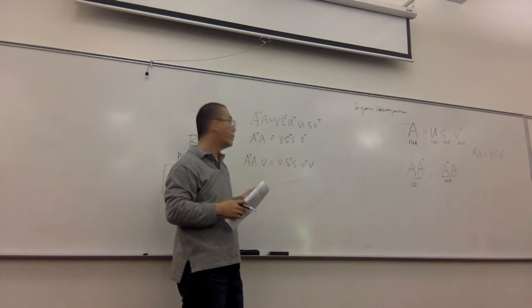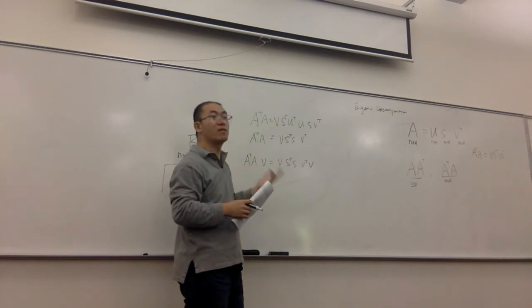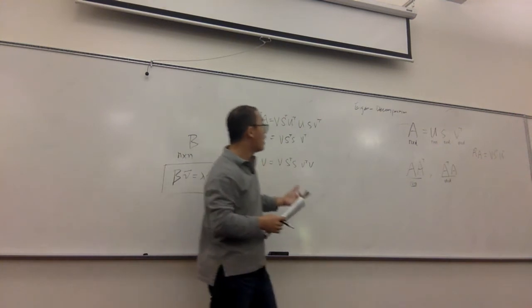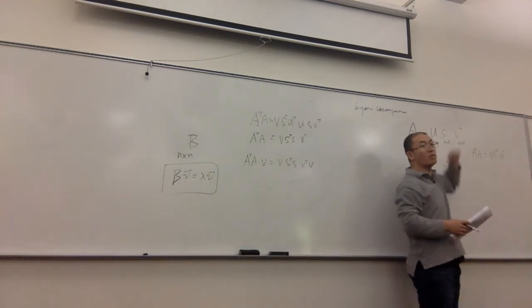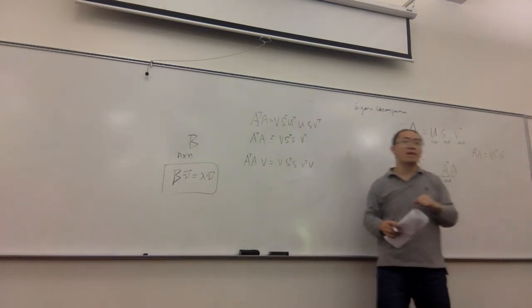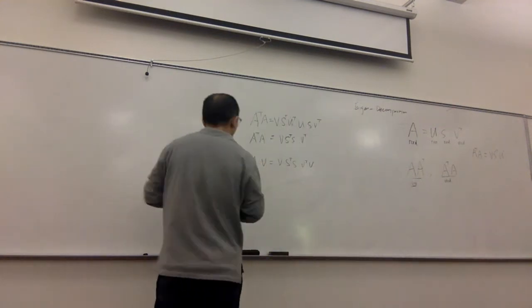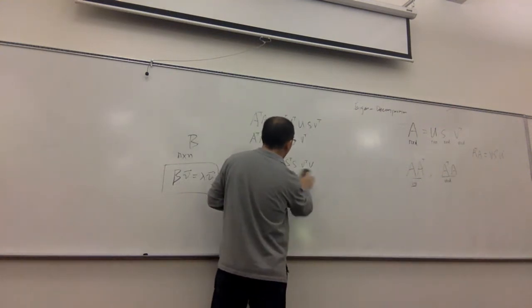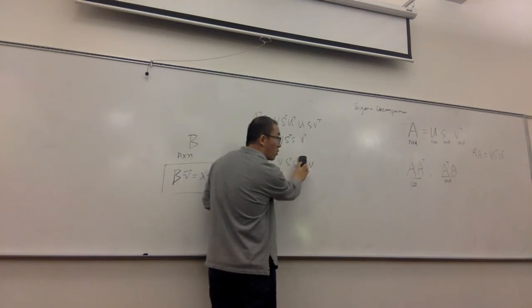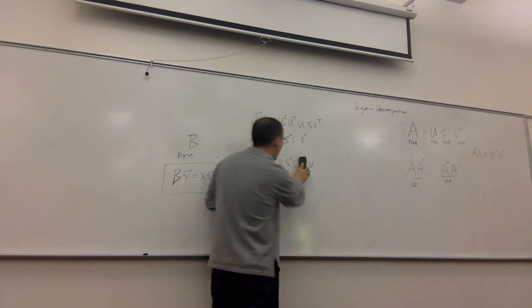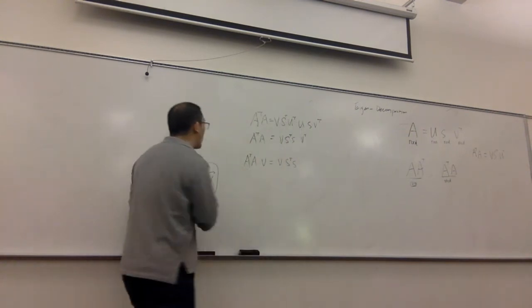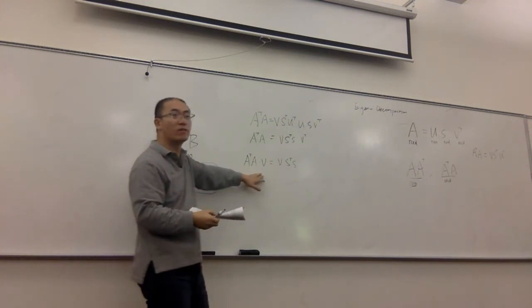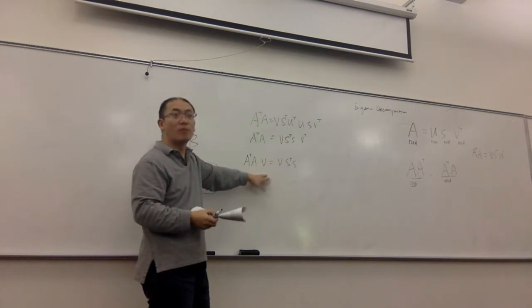V transpose V is just the identity, because V is an orthogonal matrix as well. We emphasize that. So that means we can just remove this V transpose V because it is the identity matrix. And now we can take a look at this equation and see what we can observe.